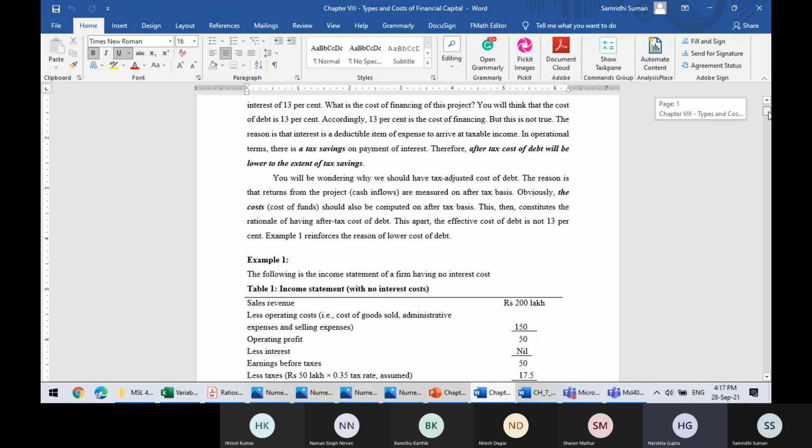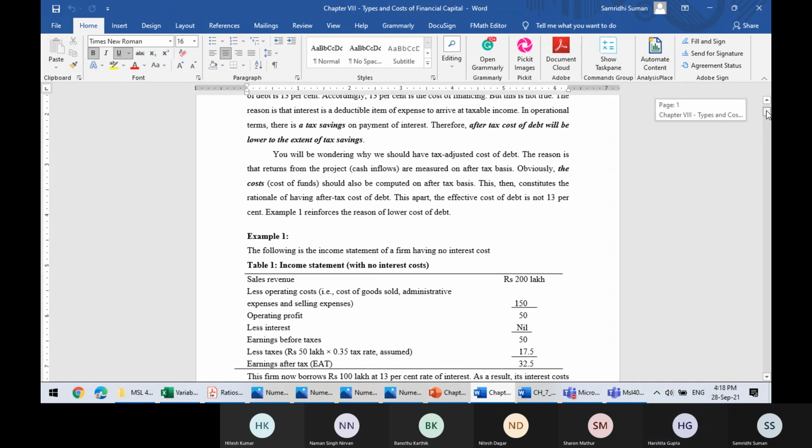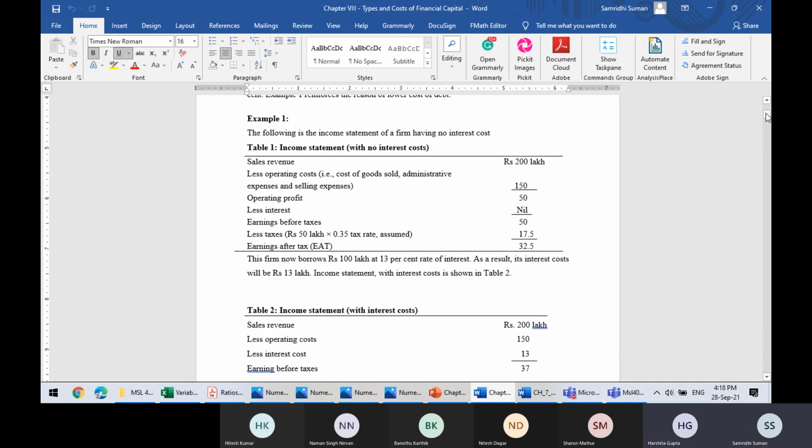Okay, so let's move forward, or we can just quickly skim through the material if the class wants. Should I move through it? Let's just see what the class says.